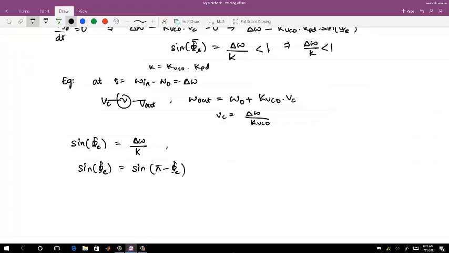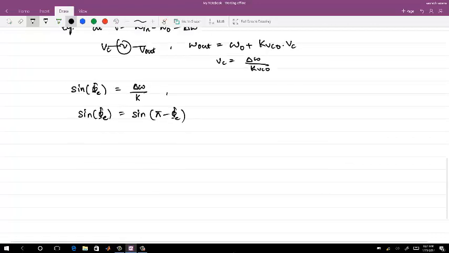It's just a mathematical equation. So where does it lock to? Does it lock to phi e or to pi minus phi e? It can lock only to one phase. So for that, consider at which point this will be stable at all.